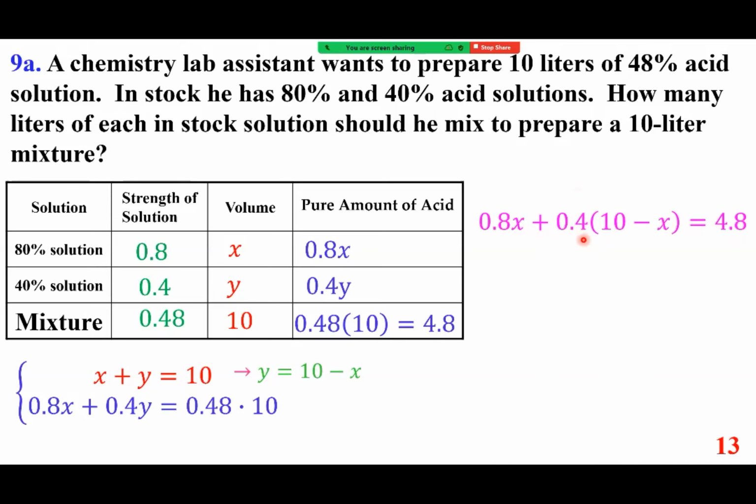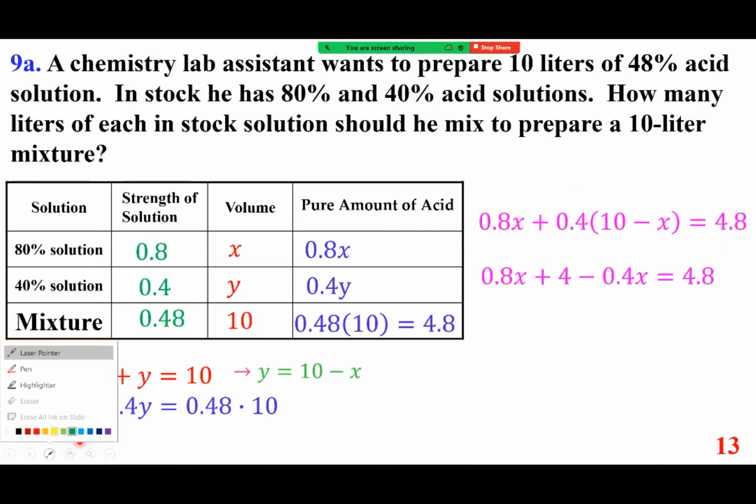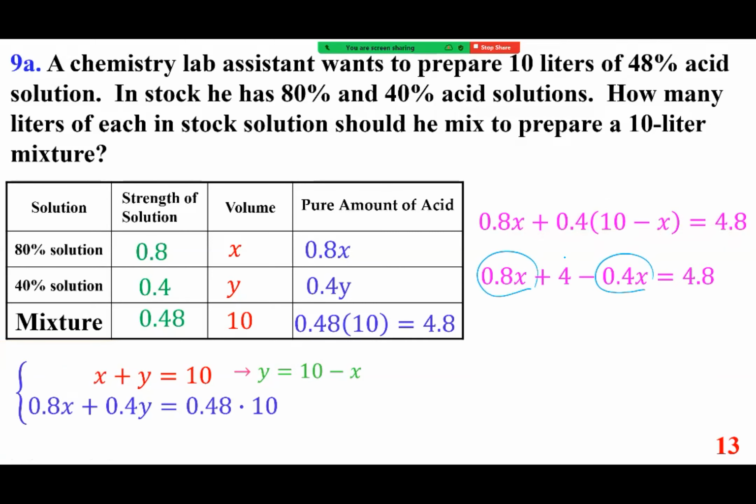So this gives you 4, this gives you minus 0.4X, this doesn't change. And now this 2 add up to 0.4X, and we are going to subtract 4, and I get 0.8 divided by 0.4 gives us X equals 2.